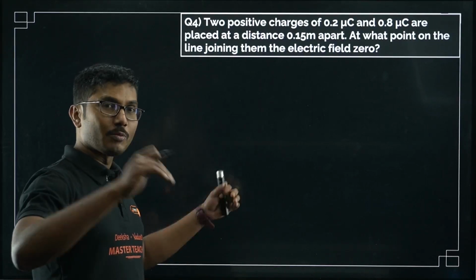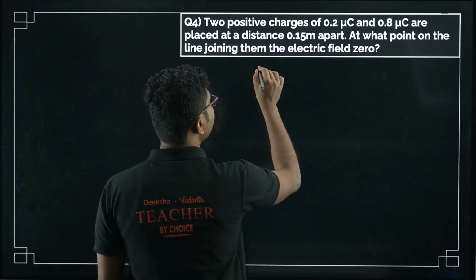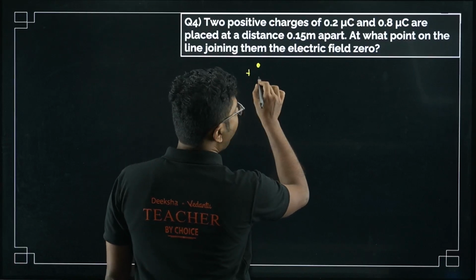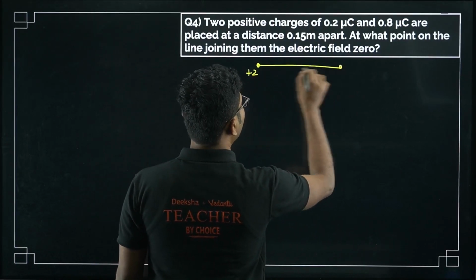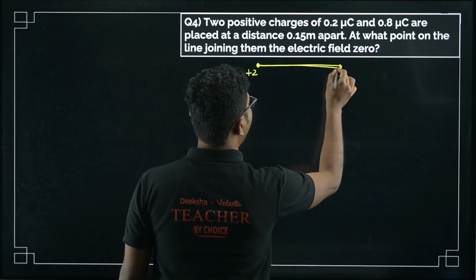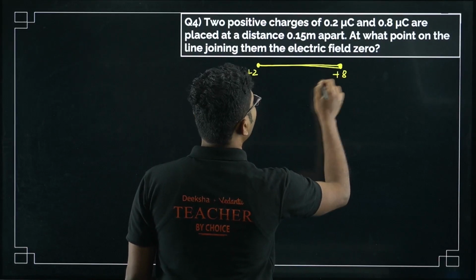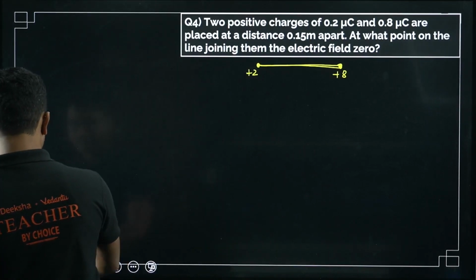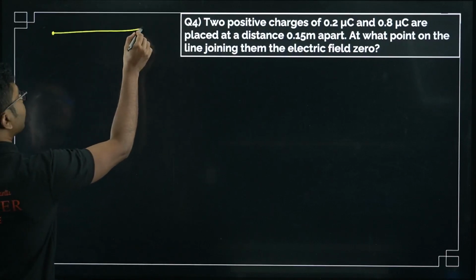This is almost a similar question, but there is a catch: we have two positive charges, plus 0.2 and plus 0.8. Let me draw it here. We have two charges.